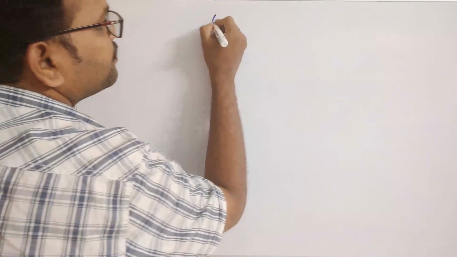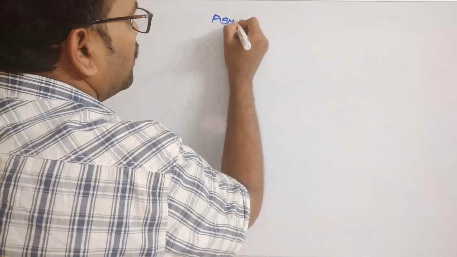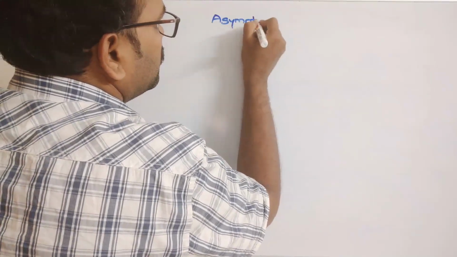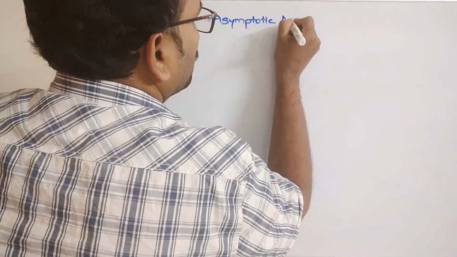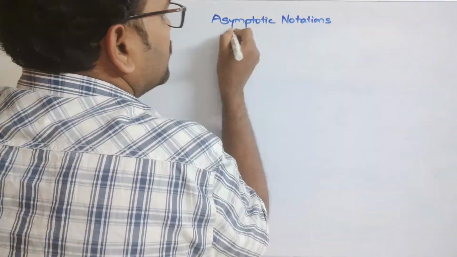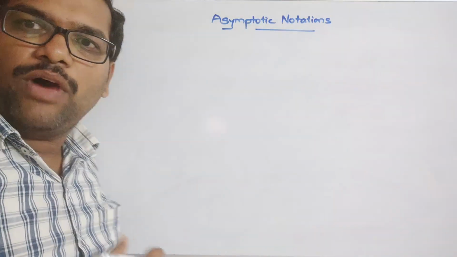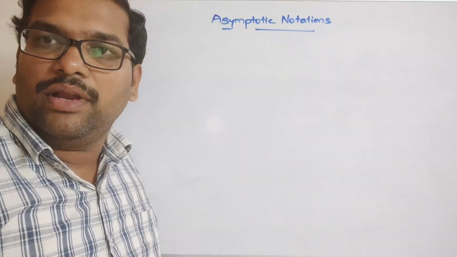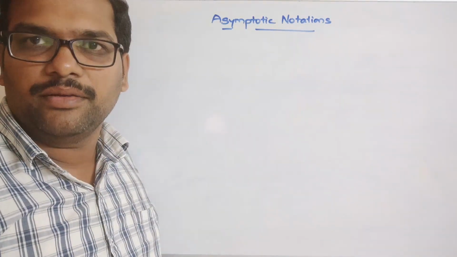So today we'll see one more concept in design and analysis of algorithms, that is asymptotic notations. This is one more way to calculate the performance of an algorithm.